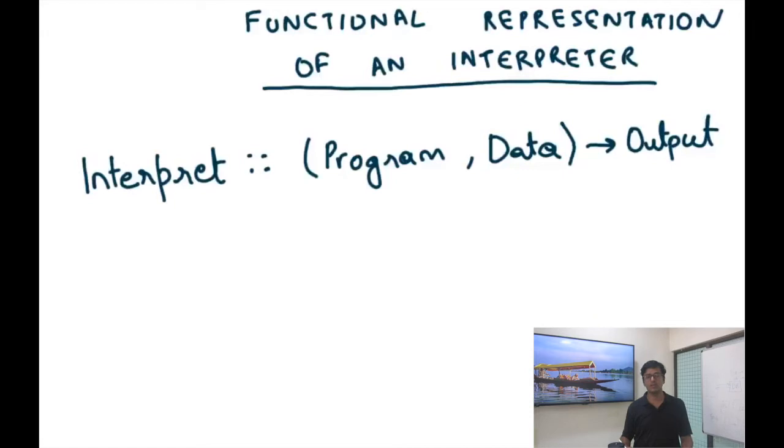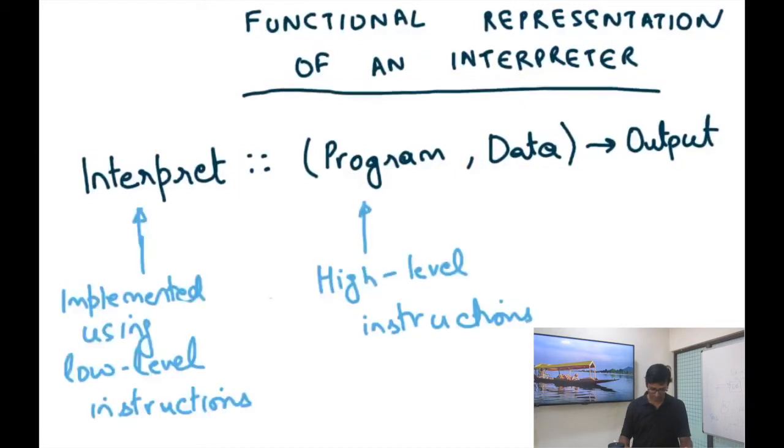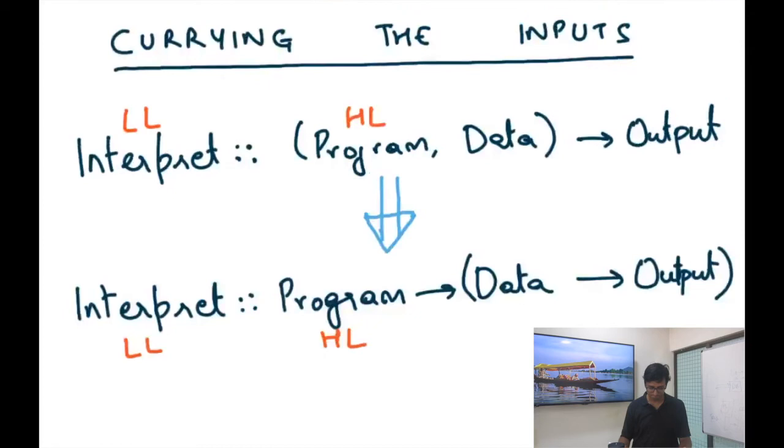Okay, and recall that an output could be either some print statements on the console, or it could be output to the printer, or whatever else. Okay, so importantly, the interpreter itself needs to be implemented using low-level instructions so it can execute on the machine, whereas the program that executes would be written in the high level using high-level instructions. That's the whole need of the interpreter.